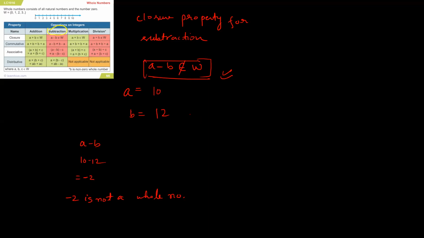Okay, it is not necessary that A minus B belongs to W or is a whole number. ठीक है? Are you getting my point? What I want to say? Closure property for subtraction says that if A and B are two whole numbers, let me write the statement also.